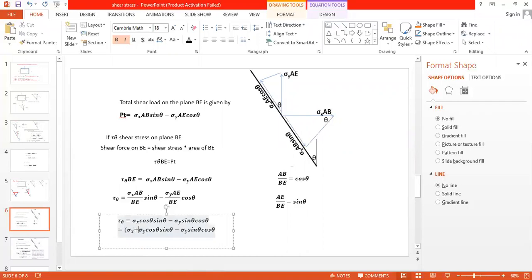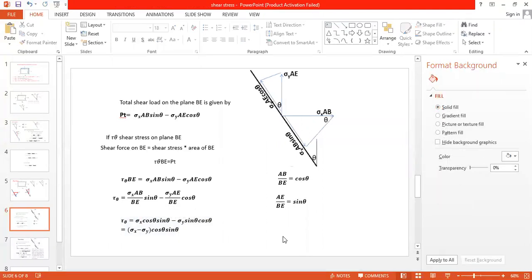I have taken the common sin theta cos theta from these two terms. Sorry, here it is minus, na? Minus. Okay. Over.